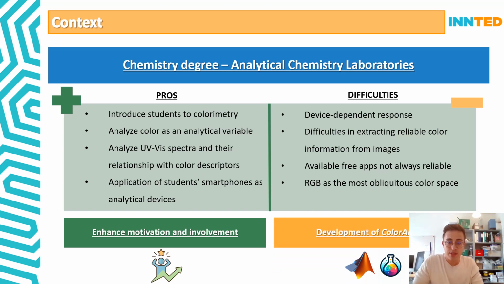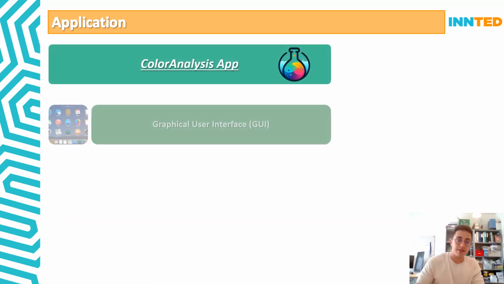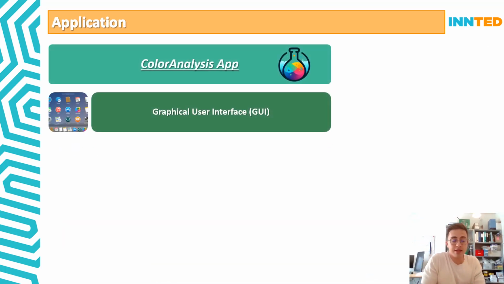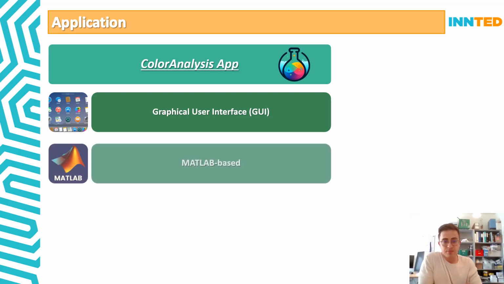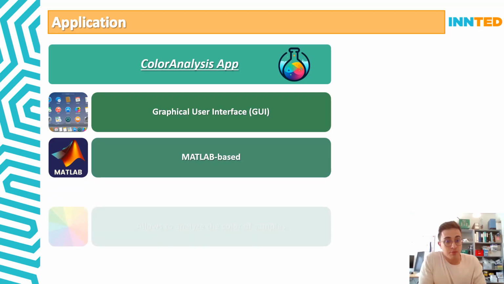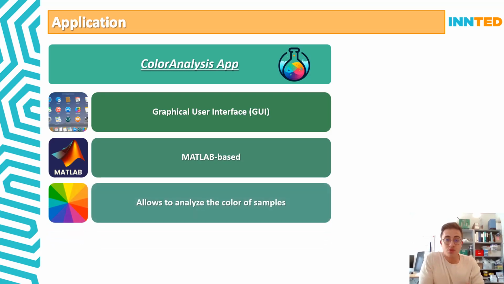Thus, in this context, we decided to develop what we called ColorAnalysis. ColorAnalysis is a graphical user interface, that is, it's been coded behind the scenes, but the user only needs to use clicks and buttons. It's based on MATLAB, and it allows us to analyze color of different samples.